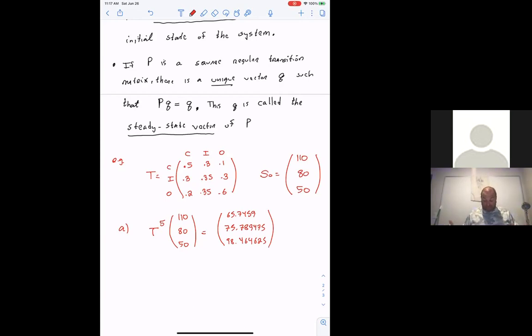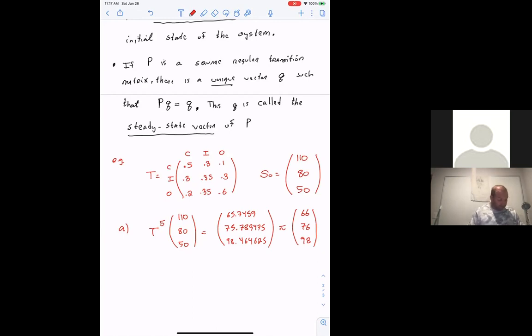It's not going to be exact. We know we're not going to have 0.7459 bikes or anything like that. So you round. It's about 66 bikes in central, about 76 bikes in inner, and about 98 bikes in outer after 5 transition periods.